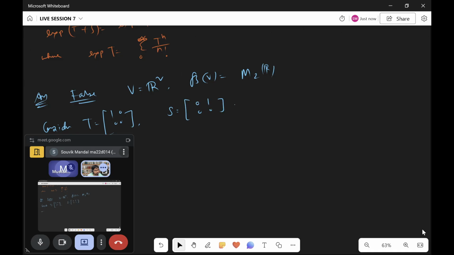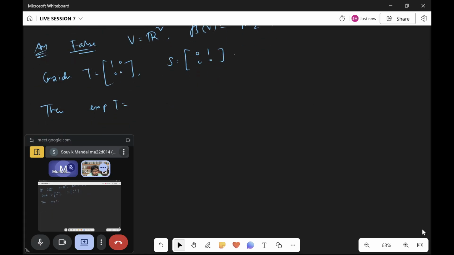Then exp T is equal to [[e,0],[0,1]] and exp S is [[1,1],[0,1]]. Then we have T plus S equal to [[1,1],[0,0]].